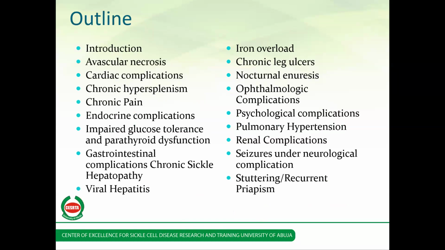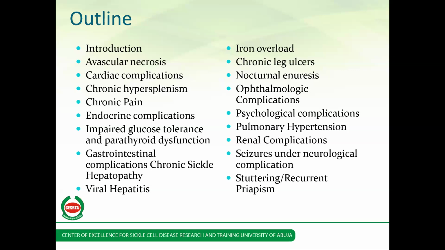Some of these chronic complications include avascular necrosis or osteonecrosis, cardiac complications, chronic hypersplenism, chronic pain, endocrine complications, impaired glucose tolerance, and parathyroid dysfunction. That is still under the endocrine complications. And then we have gastrointestinal complications, such as chronic sickle hepatopathy, viral hepatitis.